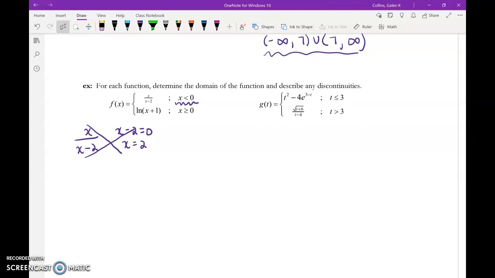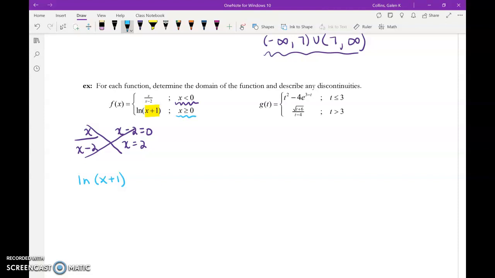Now let's look at the bottom piece, where we have the natural log of x plus 1. And again, we said in the first section of this unit that the argument of a logarithm must be positive. When I use the word argument, that's just the thing I'm plugging into a function.